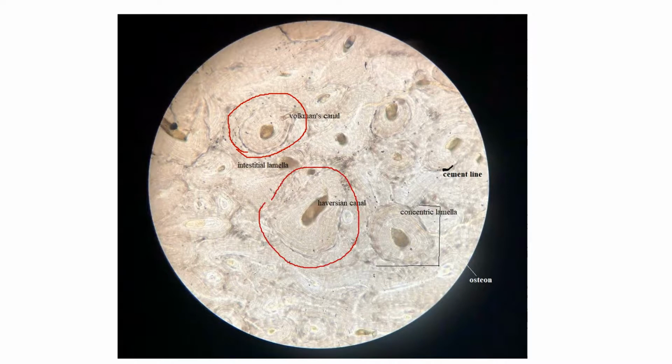All these are called concentric lamellae. So the outer one is the circumferential lamellae, and these are all called concentric lamellae. In between the concentric lamellae, these areas will be occupied by the interstitial lamellae. So there are three types of lamellae present in the bone.